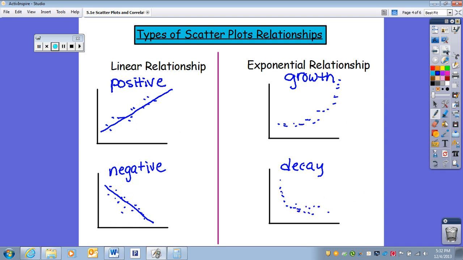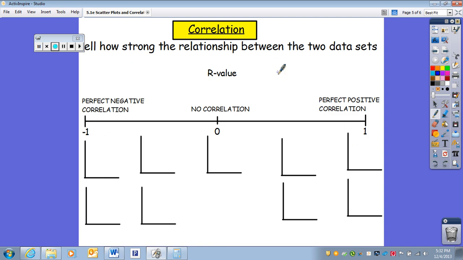Let's take a look at another term called correlation. The correlation tells how strong the relationship is between the two data sets. We are going to use some technology, possibly graphing calculators, to find this relationship. It is called the R value.